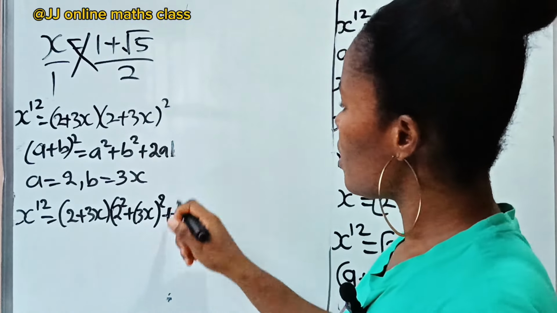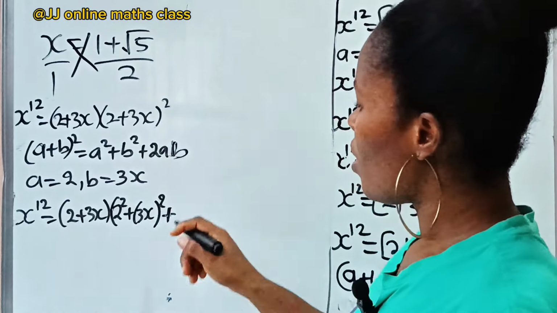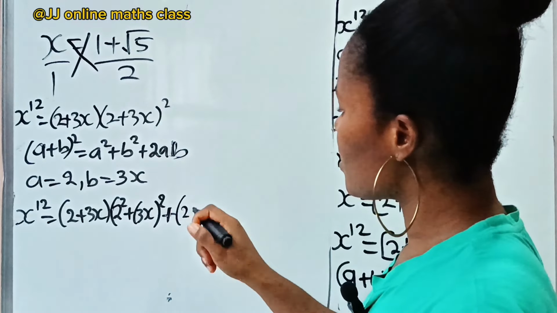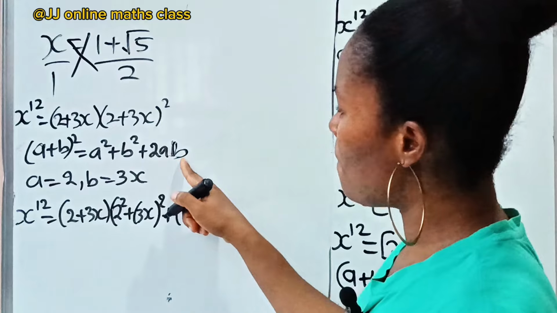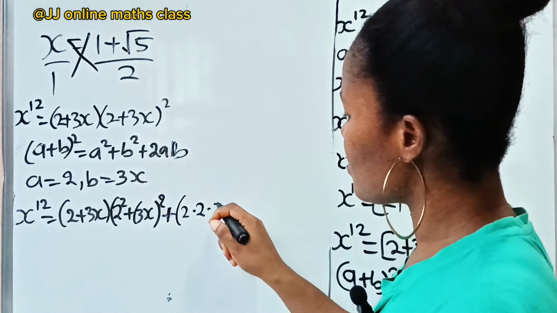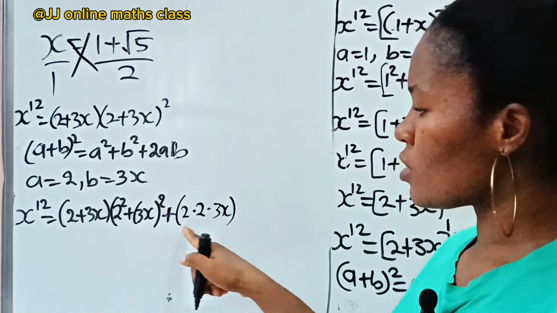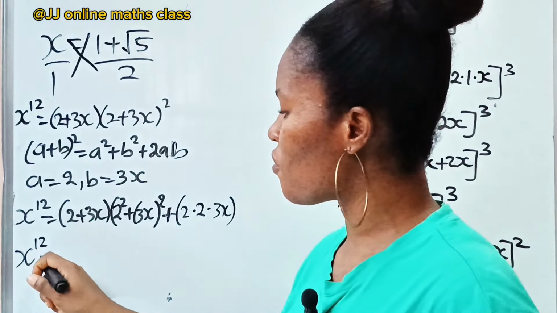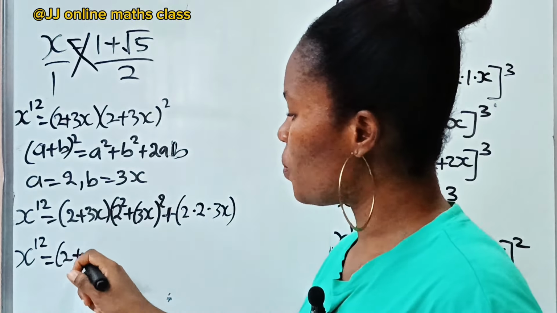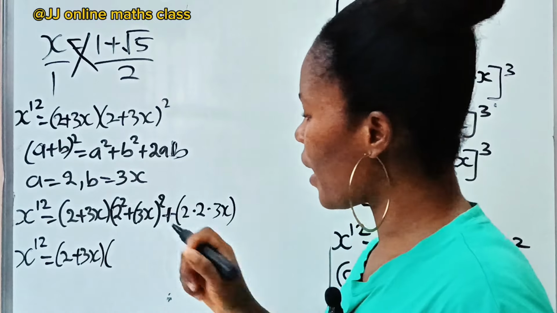All right, plus 2 times a is what? 2 times b is 3x. Okay, so this is what we have. Now we have x to the power of 12 is equal to (2 + 3x)⁶.